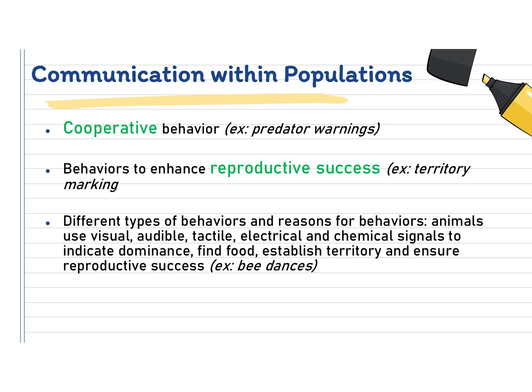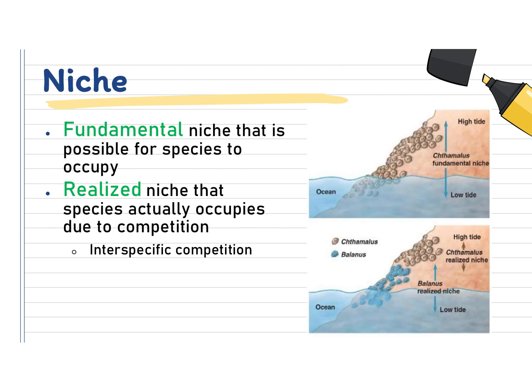It could also be communicating, I'm in heat, I'm ready to reproduce. There's different reasons for different behaviors. It kind of all just depends on what the animal's trying to do. Animals use a wide variety of communication, including visual, audible, tactile, electrical, chemical, all to do all these things they need to survive: to indicate dominance, find food, establish territory, or reproduce.